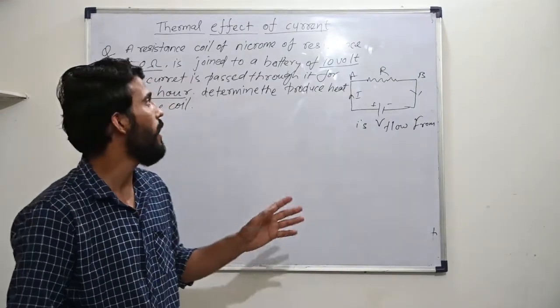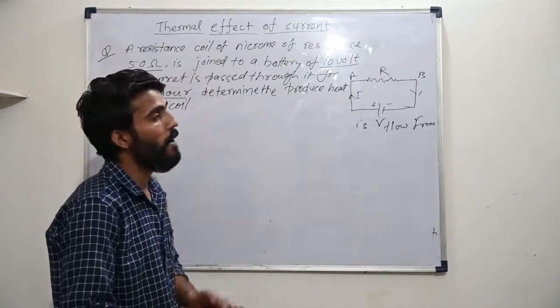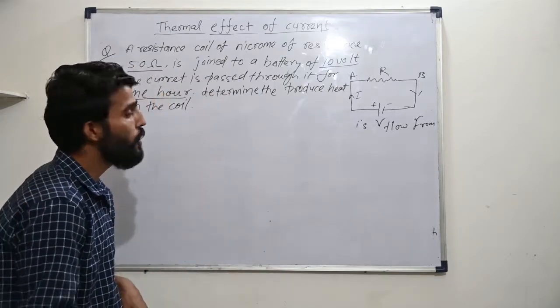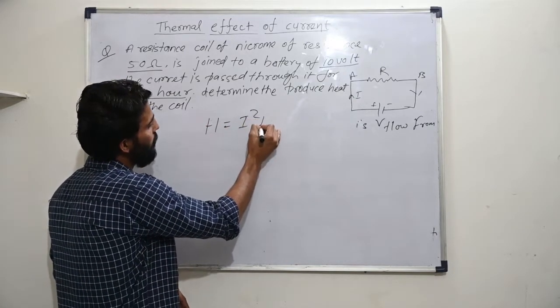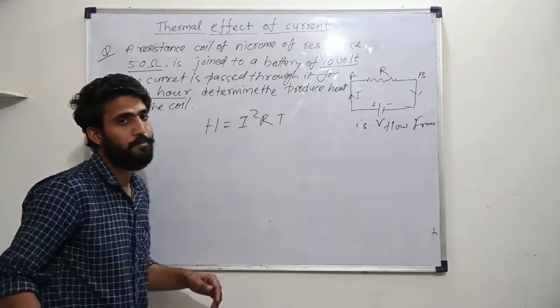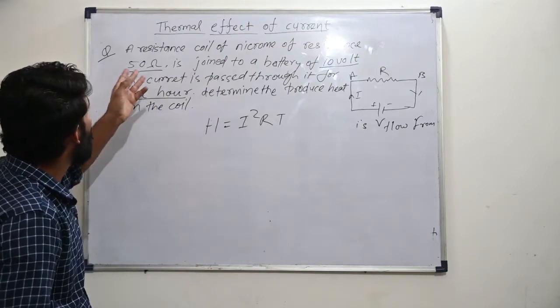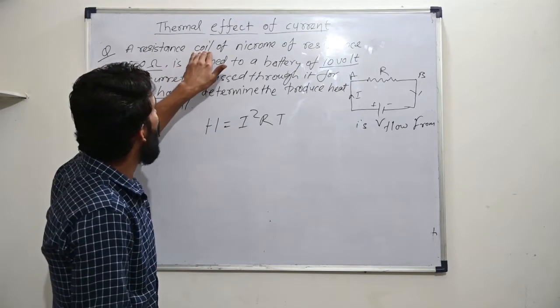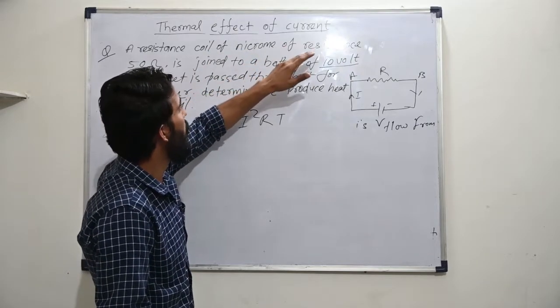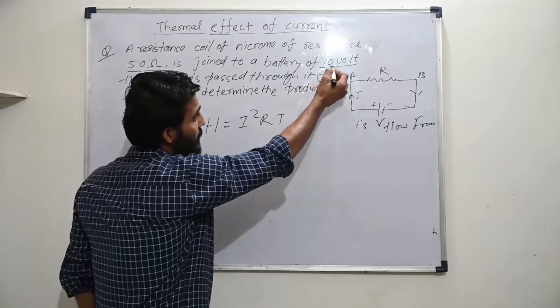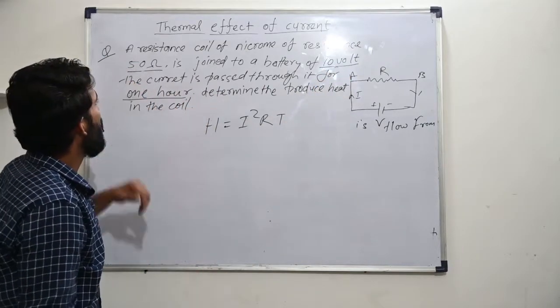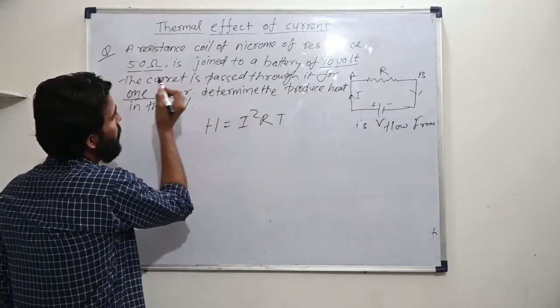Here we have a numerical on the basis of the thermal effect of electric current. We know that generated heat H equals I square R T. The numerical: a resistance coil of nichrome of resistance 50 ohm is joined to a battery of 10 volt. The current is passed through it for 1 hour.